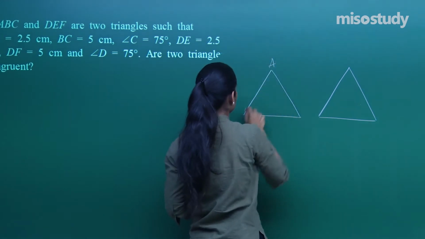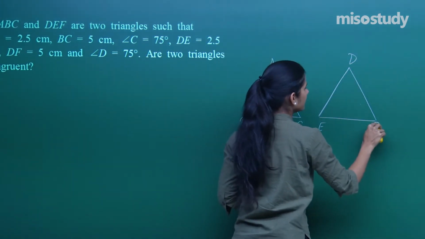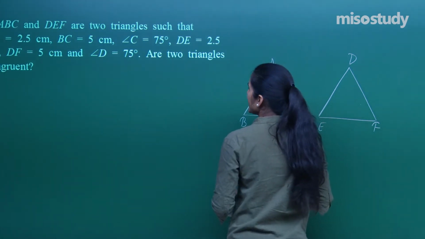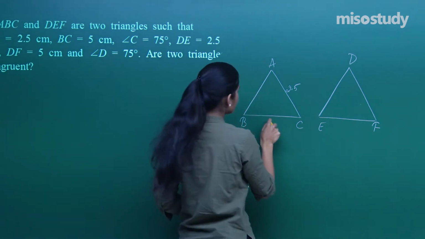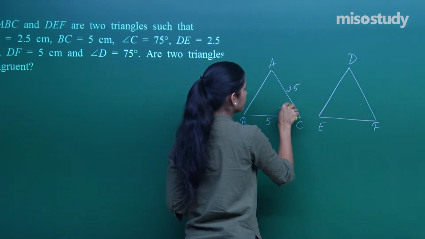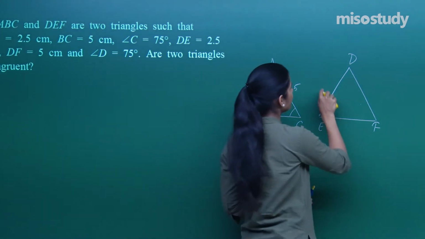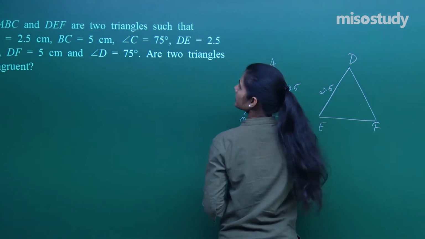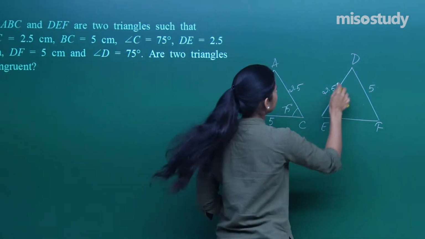Say this is A, B, C, D, E, F. It's given that AC is 2.5, okay. BC is 5. Angle at C is 75. Fine. Then it is given that DE is 2.5, DF is 5 and angle at D is 75.